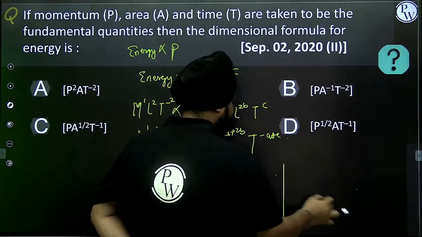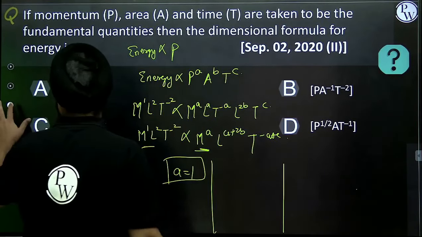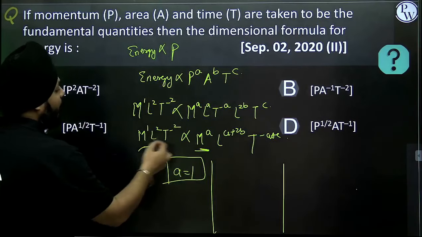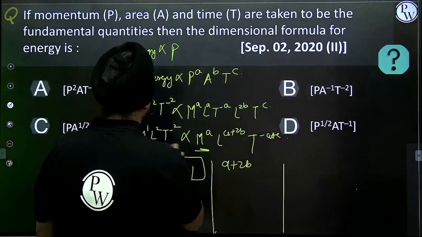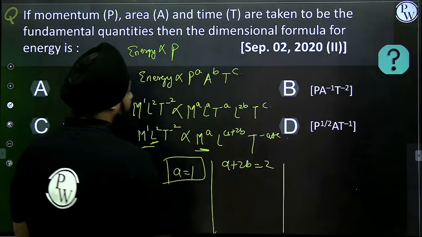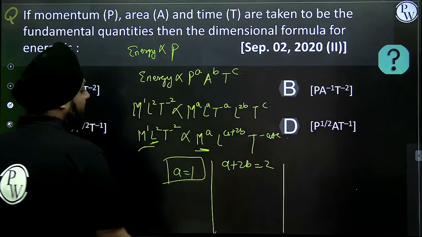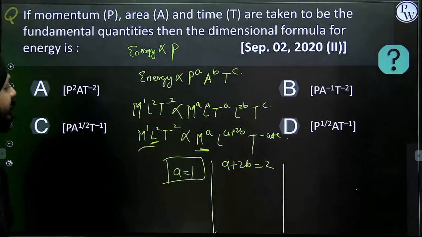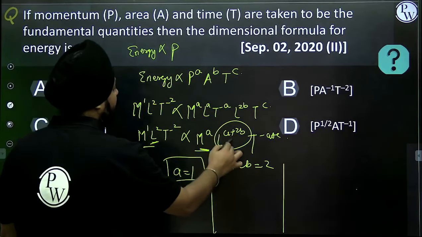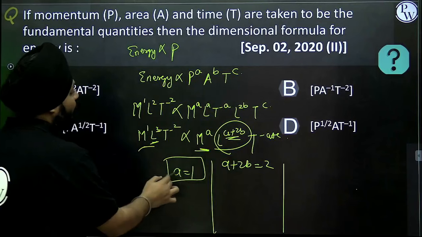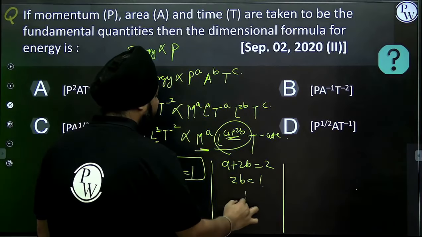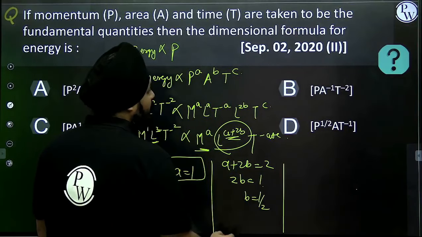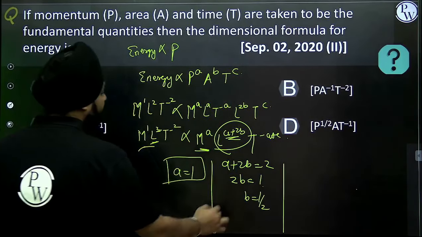This kind of mistake you can make, it's okay, it's not a big deal, but we are going to solve this again. a is equal to 1. Now we are comparing a plus 2b, that is equivalent to 2. So if a is equal to 1, comparing the dimensions of L, a plus 2b is equivalent to 2. If a is 1, then 2b is equivalent to 1, so b will be equivalent to half.